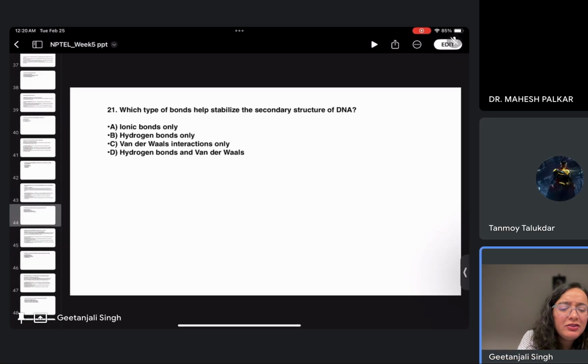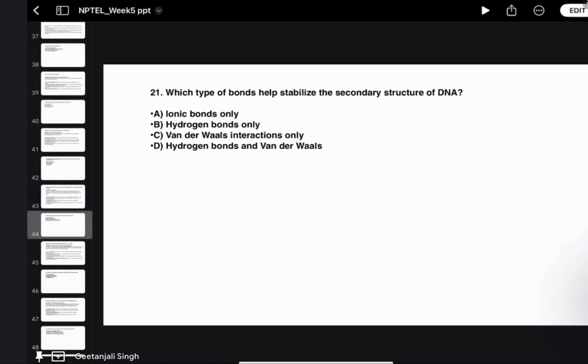So you have to be careful when the option states 'only'. Just try to consider all the options. The one that seems to be most suitable, try to pick that answer.